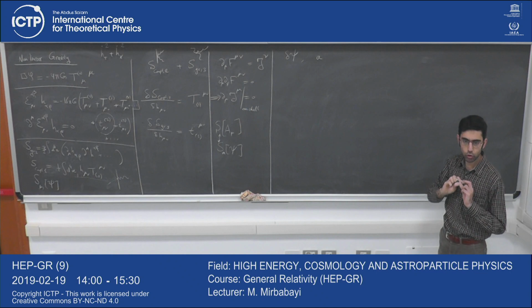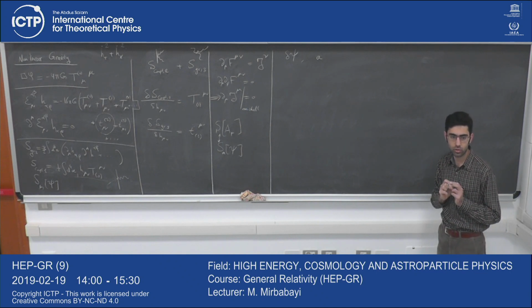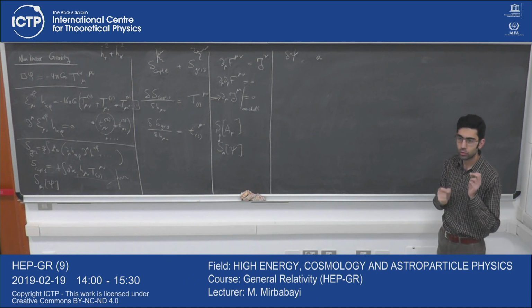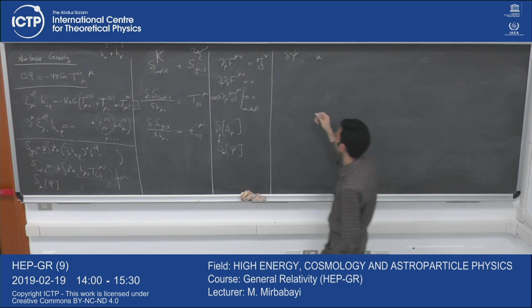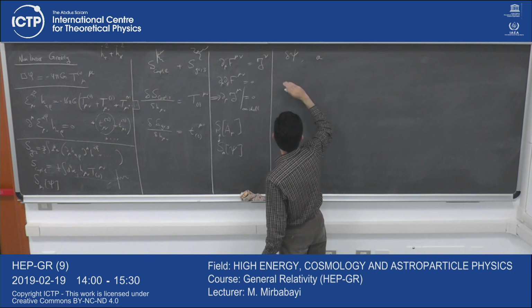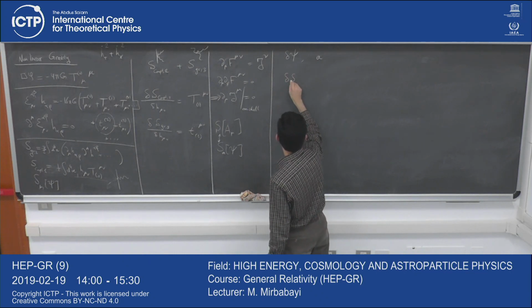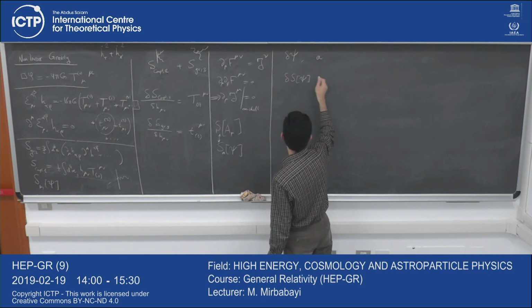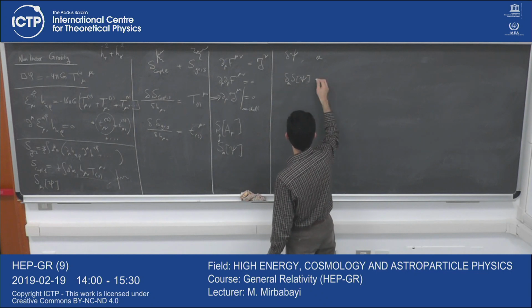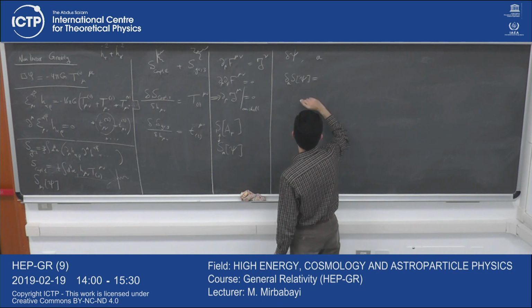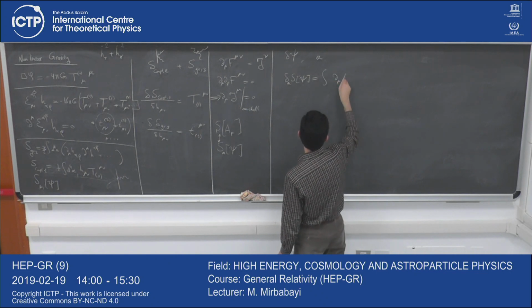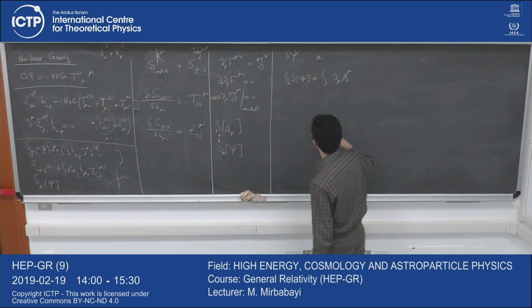Then we said that if we promote the parameter of that transformation to be an arbitrary function of space-time, then before that, delta S sub psi would be 0, or would be a total derivative, d mu of something like that.